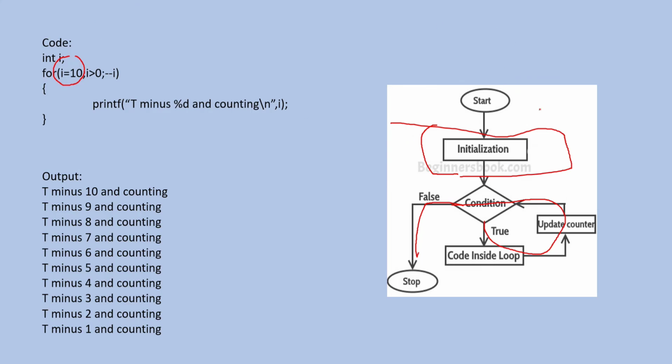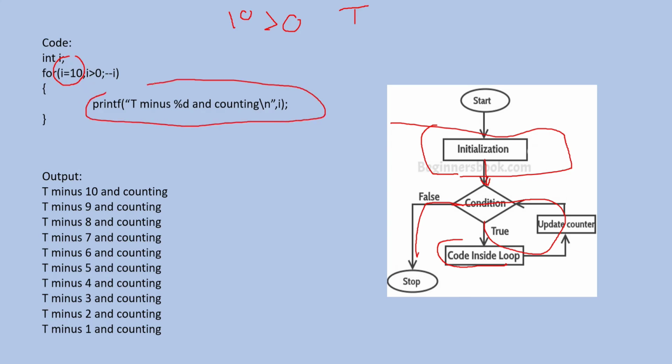So we're going to evaluate the condition, right? So right here, our first condition is 10 larger than 0, because I is 10 right here. So we're going to see, is this true or false? This is true. So we're going to execute the code inside the loop, which is this.